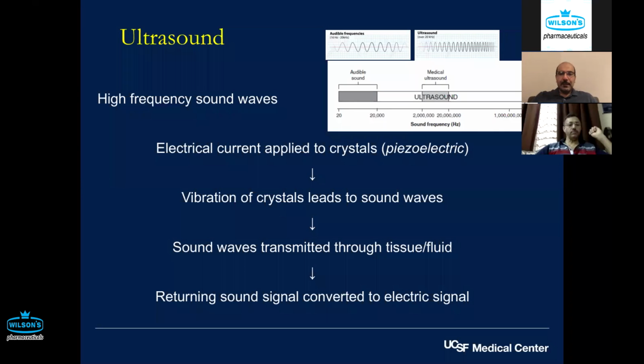And these are the sound waves generated via an electric signal through crystals. The vibration of the crystals leads to the sound waves being transmitted, hitting the tissue of interest, and then returning. When these sound waves return, that signal is converted back into an electrical signal, and that's how we generate the image.